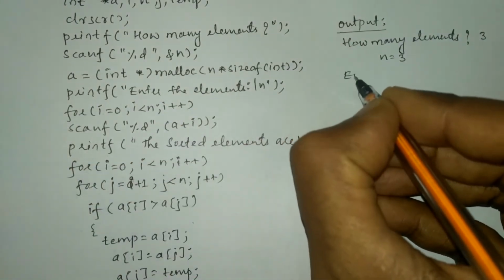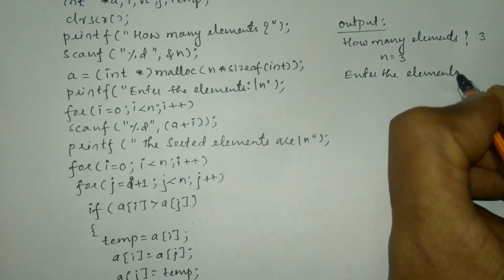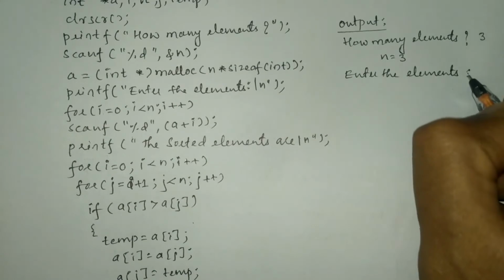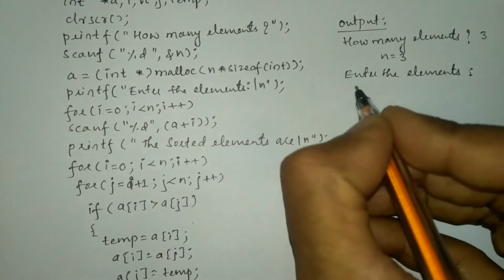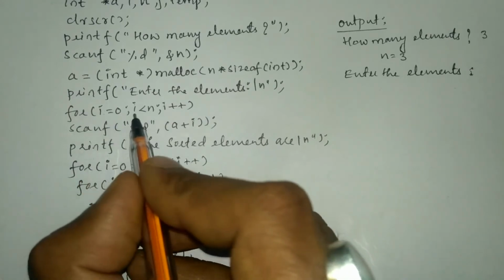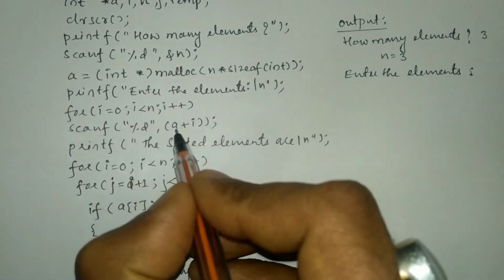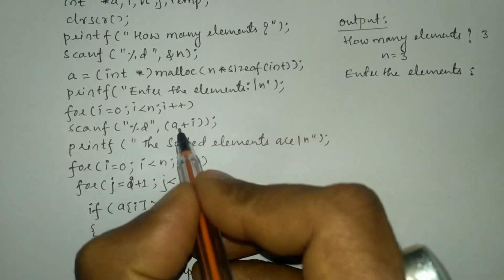Now it is going to ask the user to enter the elements. Because of this backslash n, the cursor brings down to the next line. Using this for i is equal to 0, i is less than n, i plus plus, it is going to receive 1 digit at a time.